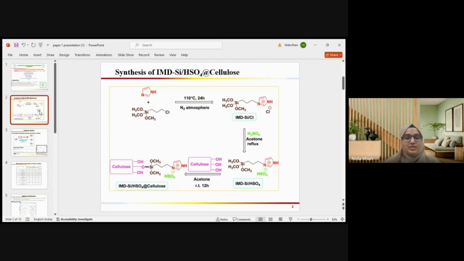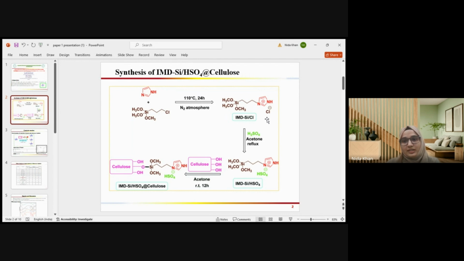Now coming to the synthesis of the catalyst, that is IMD-Si HSO4 at cellulose. First, the ionic liquid was synthesized. We take equimolar amounts of imidazole and triethoxypropyl chlorosilane under nitrogen atmosphere at 110 degrees Celsius.